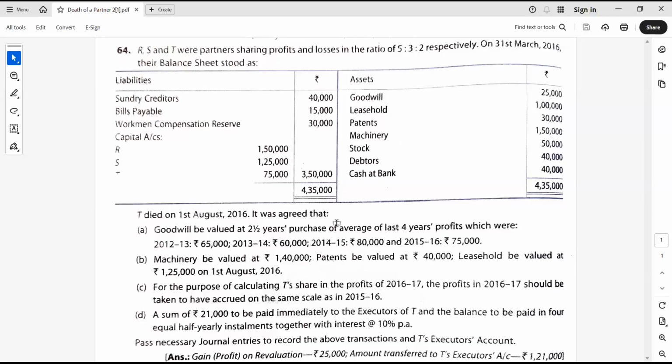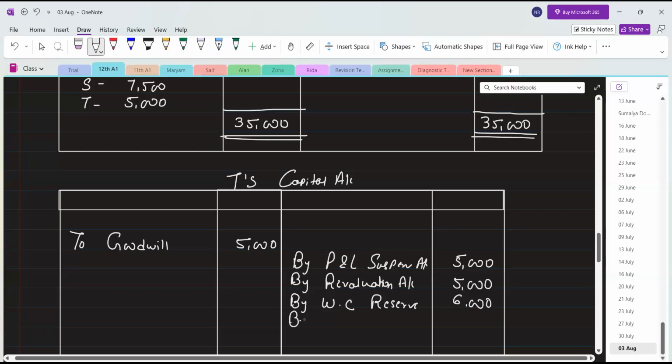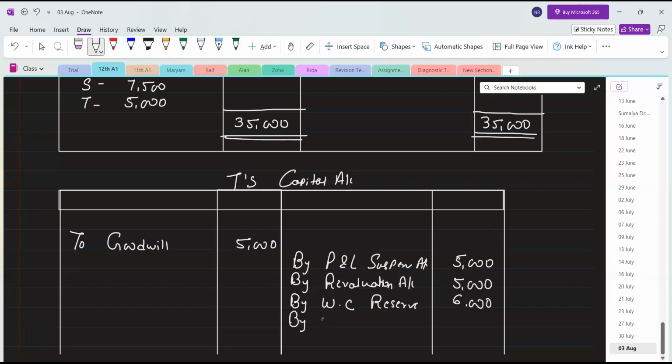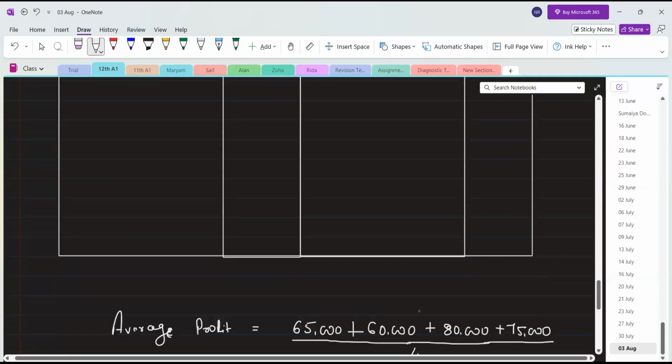Leasehold, cash at bank. Yes, there is one valued goodwill which will be given by R and S capital. Total goodwill value is 1,75,000.